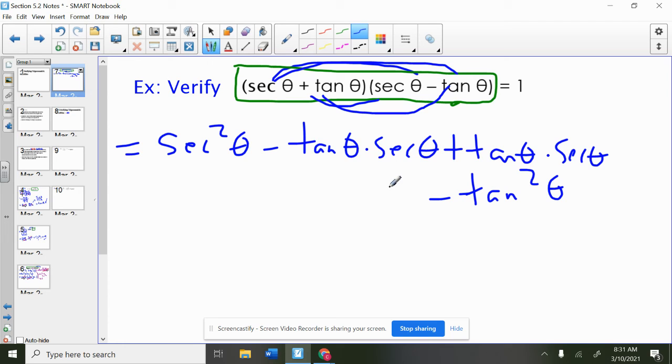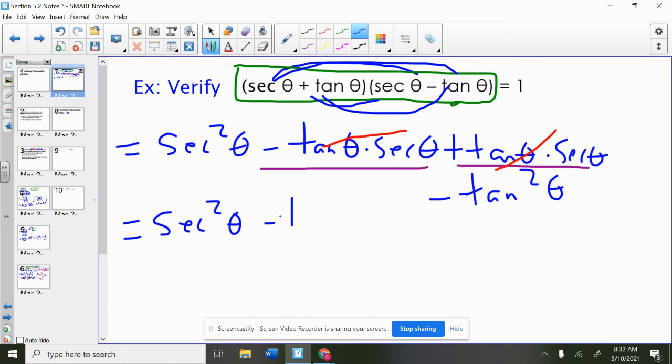Okay. Now, if you look at some of these, there's something that you can do, because a lot of times when you do the distributive property, your middle terms are able to combine. Negative tangent secant, positive tangent secant. Well, guess what? Those completely cancel out. That's like a negative 3x and a plus 3x. So then that would leave me with a secant squared minus a tangent squared.